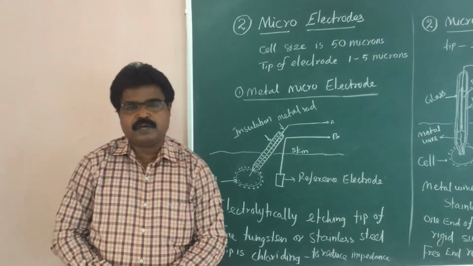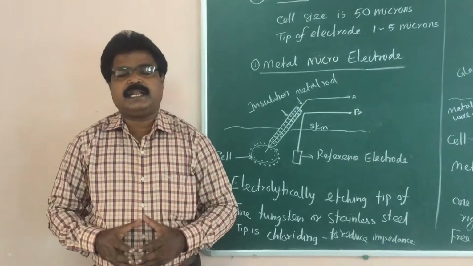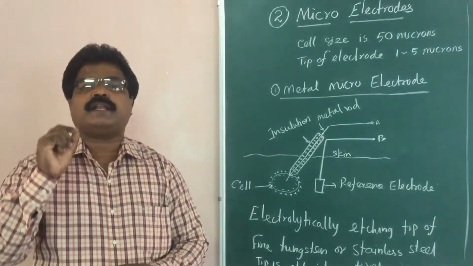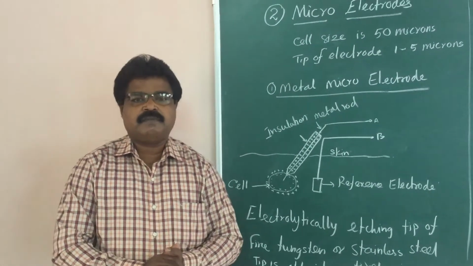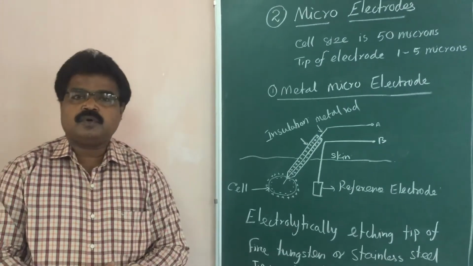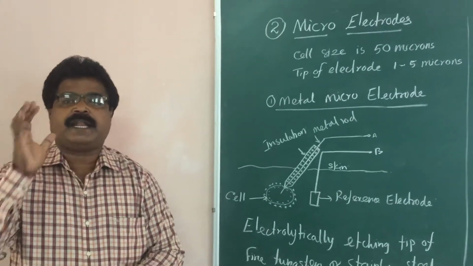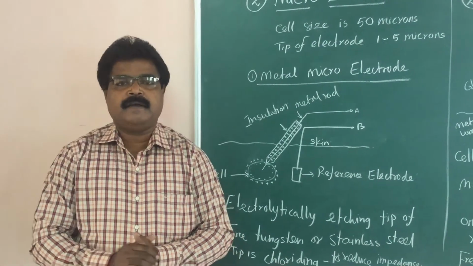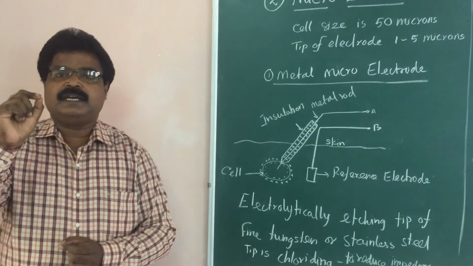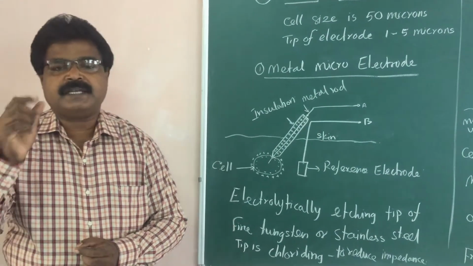Second one is the microelectrode. This microelectrode is used to pick up the signal within the cell or nearby the cell. Normally the size of the cell is 50 micron, so the tip of the electrode is 1 to 5 micron in diameter. It is 1 to 5 micron so that when you insert the electrode into the cell, it will not damage the cell.